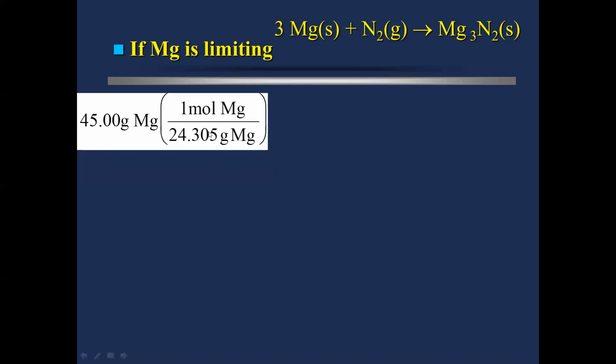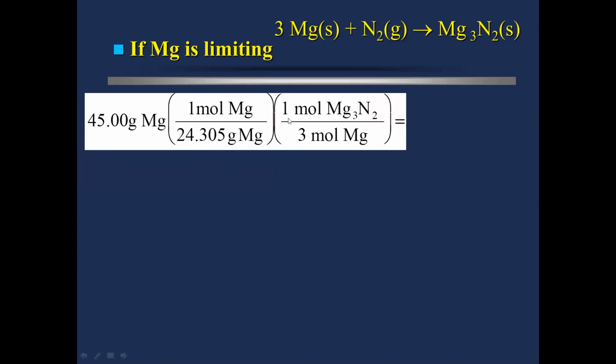So by doing that, gram cancels out, and you know how many mole of Mg. And then 3 mole of Mg, 3 comes from here, will produce 1 mole of this one. You see, right? So this is very important. You have to find this number properly from the equation, not by imagination.